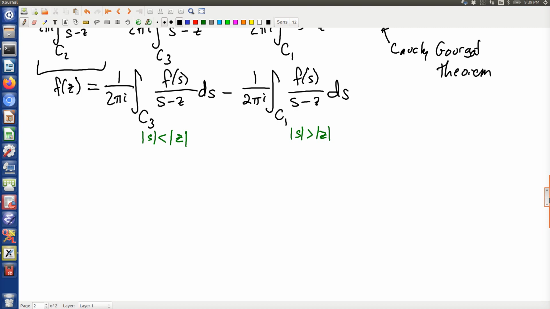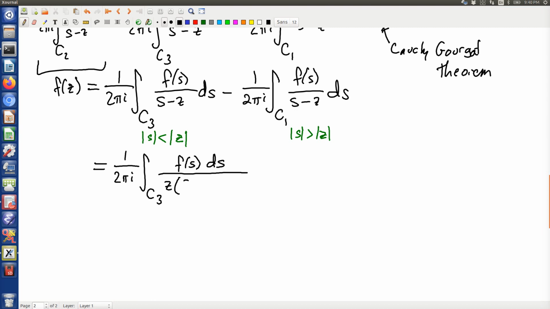So in the first integral, the C3 integral, I'm going to want to ensure that I end up with a geometric series with a ratio less than 1, so that it converges. So I'm going to want to factor out the bigger thing, namely the z.